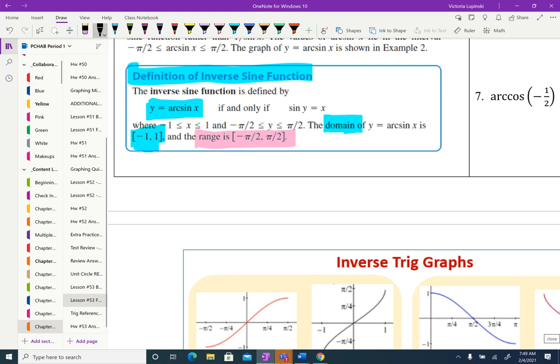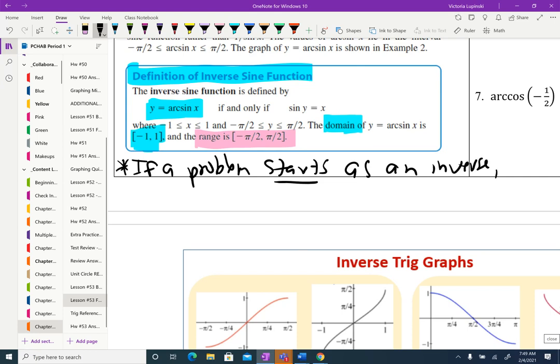So what does that mean? Why do we care? What's up with this domain and range stuff? Well, here's why we care. If a problem starts as an inverse, and again, it has to start as an inverse for all this stuff to be valid. If you just happen to be using an inverse at some point, you might not necessarily have to worry about it as much.